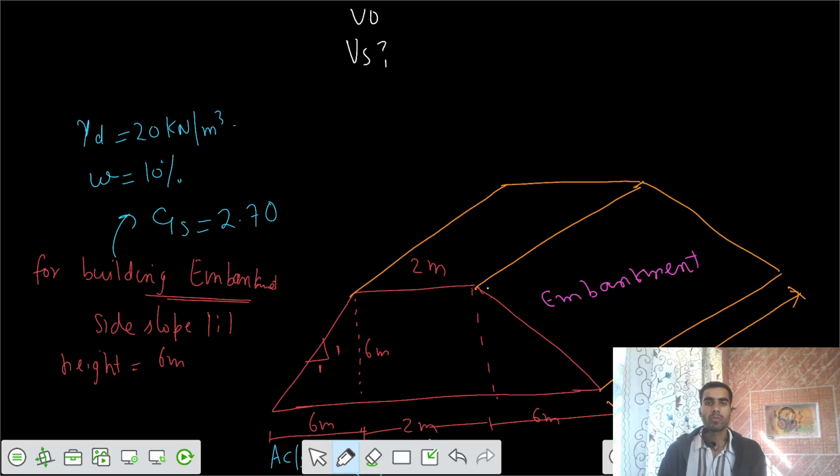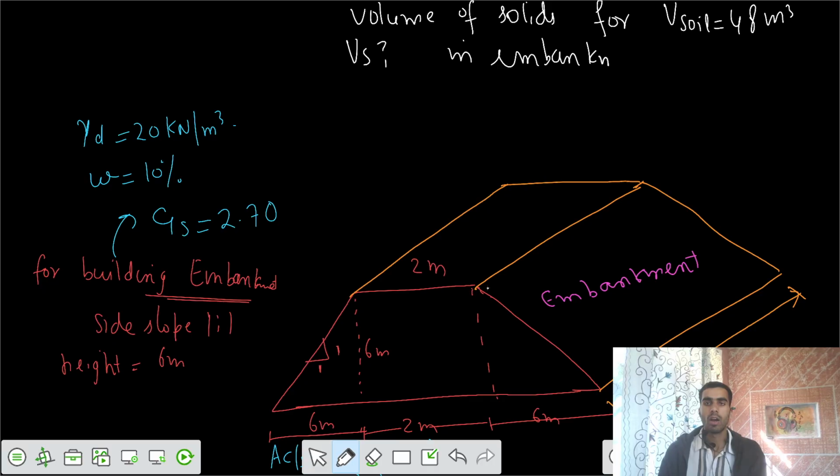This is the volume of solids required for how much volume of soil? For volume of soil equal to 48 meter cube in the embankment, how much volume of solids do I need? So that can be solved as 48 meter cube equals volume of solids into 1 plus e embankment.